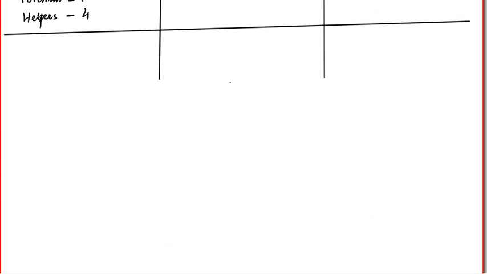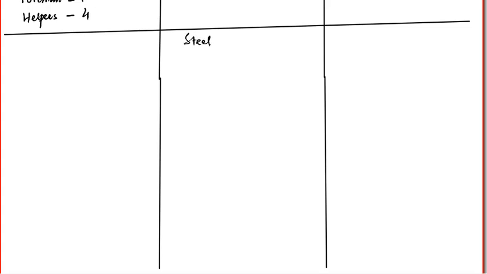Moving on to the next activity. The next activity is going to be the steel work. What is going to be the unit of steel work? Steel work will be in kgs.